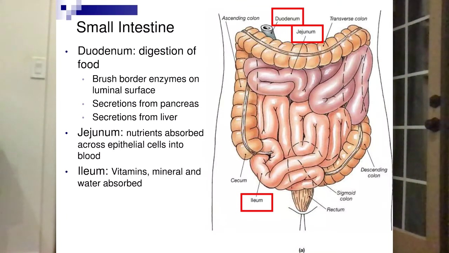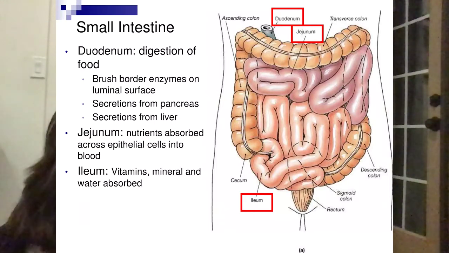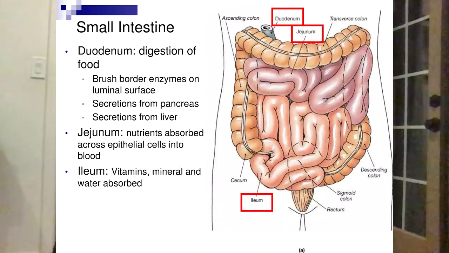Okay, and along the inner surface, it's highly folded and it's got enzymes embedded in the cell membranes of those folds. Those are called brush border enzymes. Because it's highly folded, it looks like a brush inside of there. That's why they refer to it as the brush border. So the duodenum itself, though, doesn't make any enzymes itself.